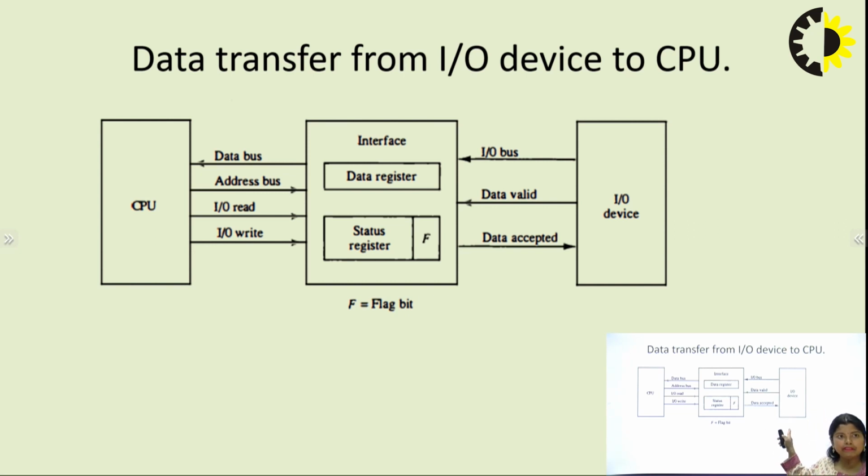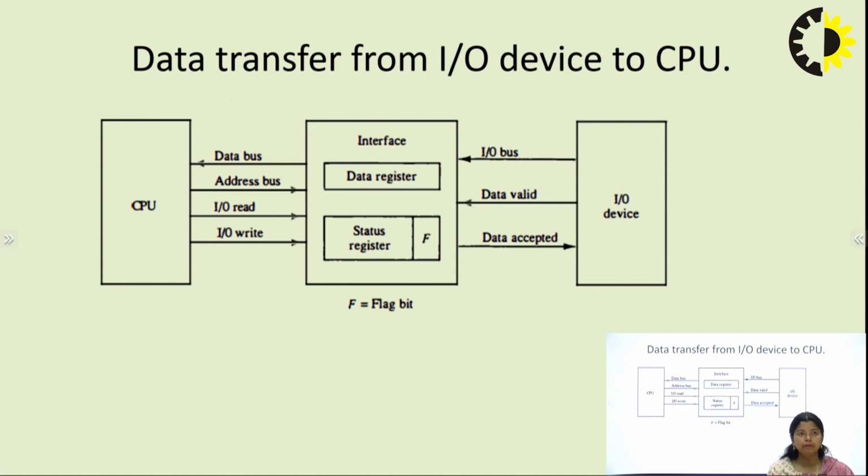In the peripheral device, you input data values from the keyboard or the mouse or whatever the IO device is. There is a term called data valid, DV.